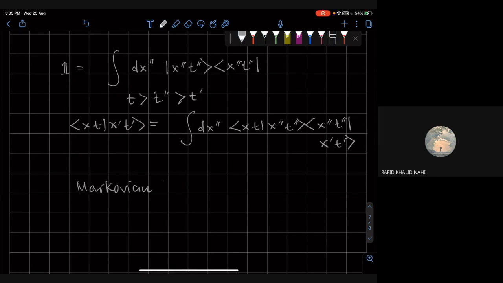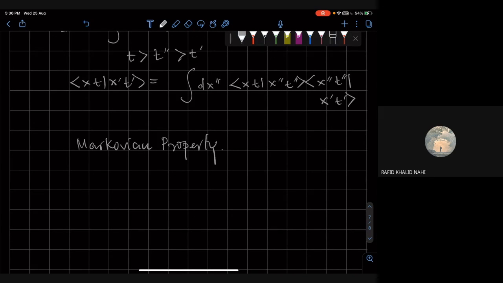So what is the Markovian property? Does anyone know? Markovian property means that, suppose you have a system which has some state, the state of the system at time step n depends only on the state of the system at time step n minus 1, times some operator, say.